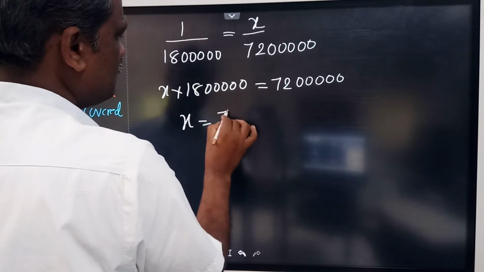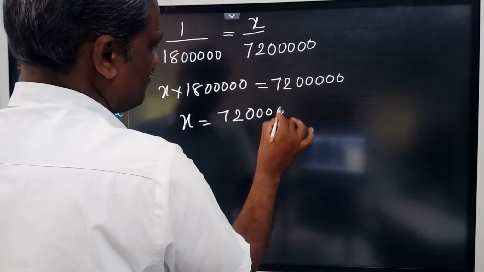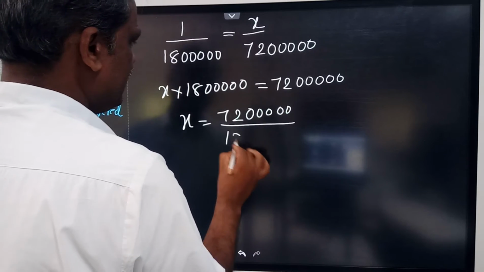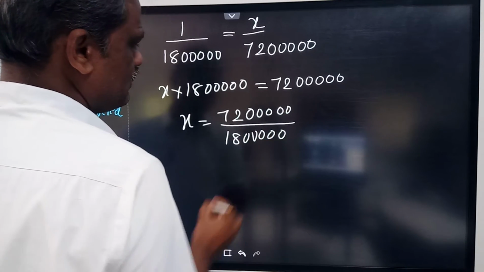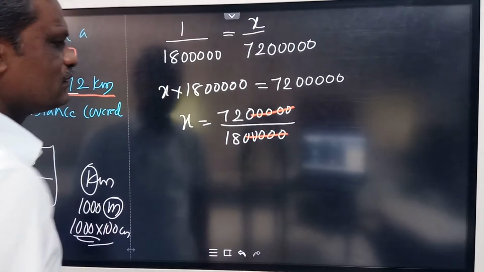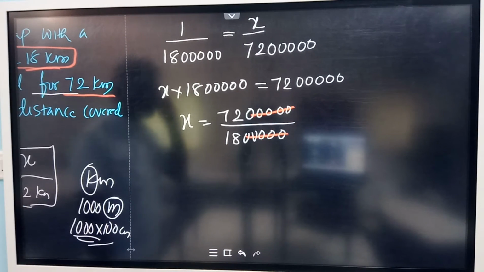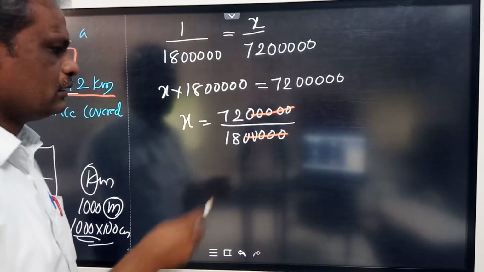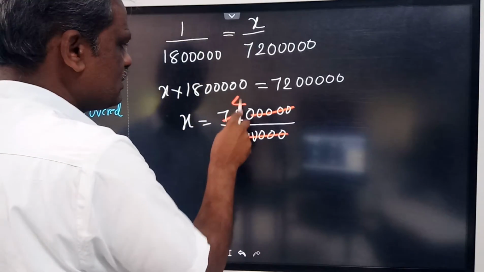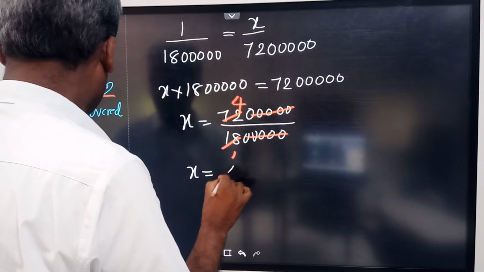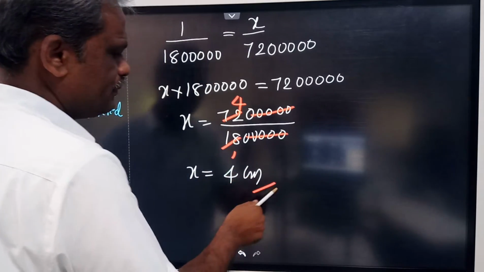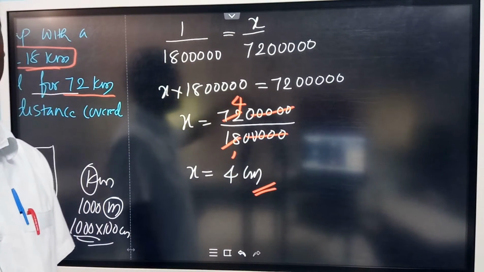So x is equal to 72 followed by 5 zeros divided by 18 followed by 5 zeros. So these zeros cancel. Divide this one. 18 ones are 18, 18 fours are 72. X is equal to 4 centimeter. 4 centimeter on the map.